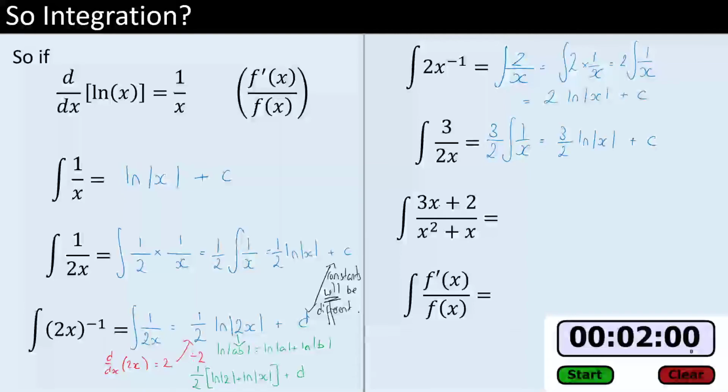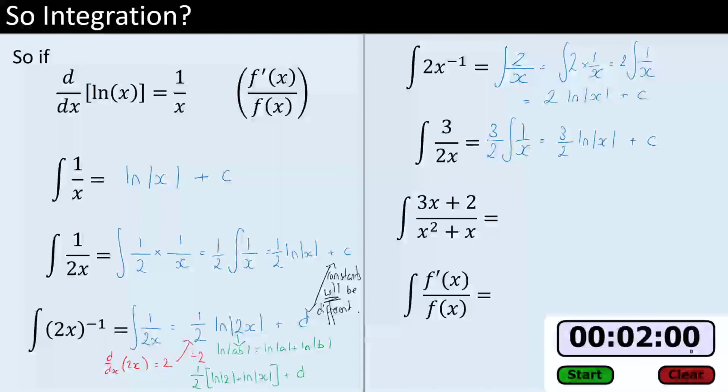Is the numerator the derivative of the denominator, possibly multiplied by some number? And look carefully. No, should be the answer.